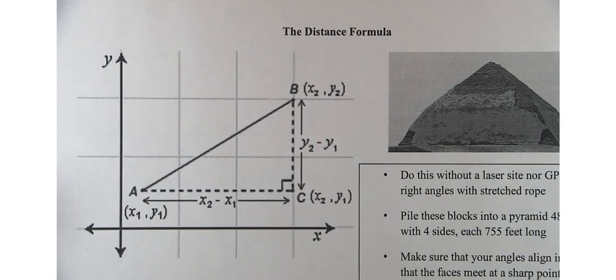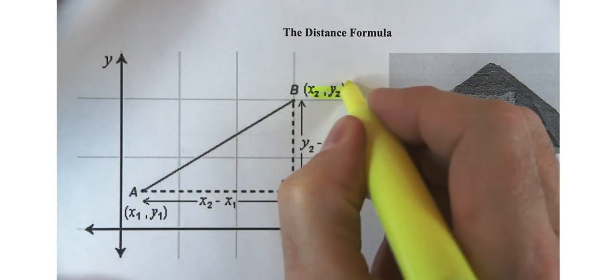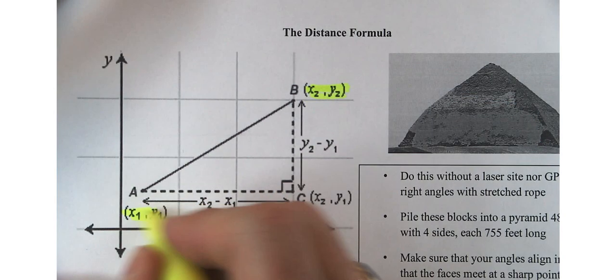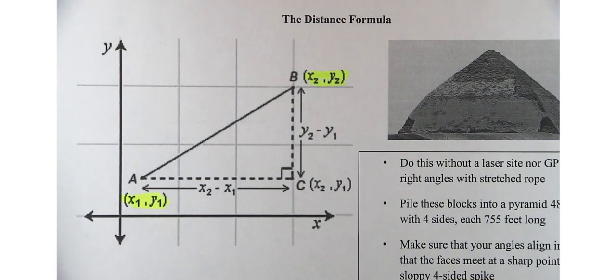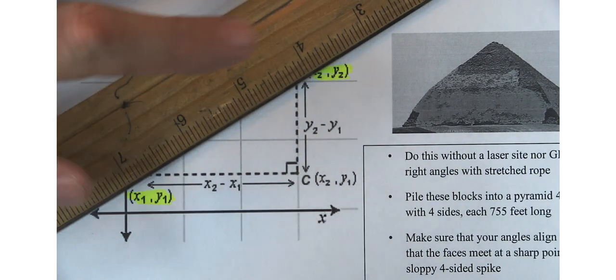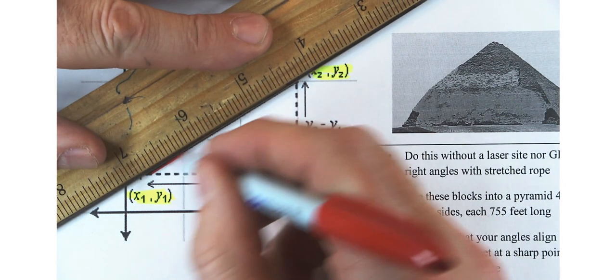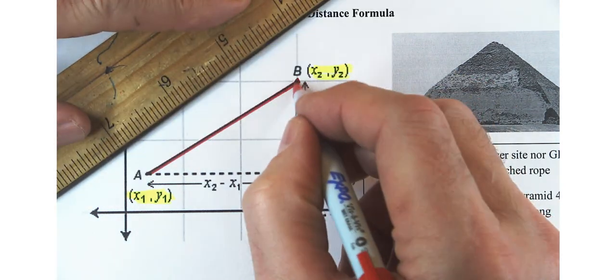The points I want to try and find the distance between are these two, right there. Does anything strike you about the way I've laid this out? It's this distance that I'm trying to find right here, the distance between point A and point B. That's the distance I'm looking for.